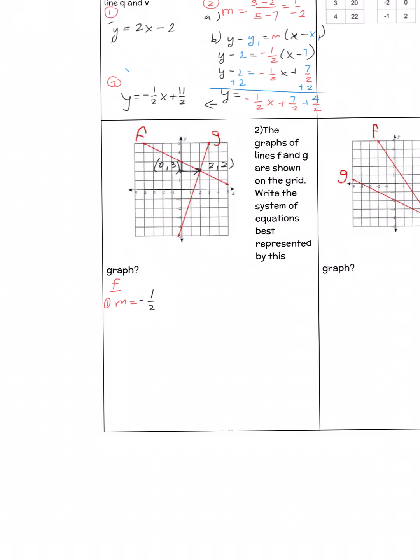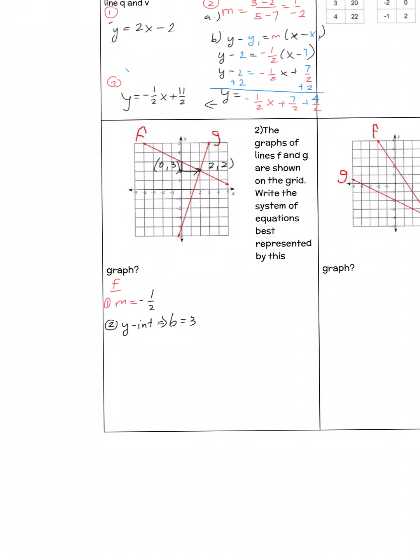Right? I go down 1 over 2. The second part is, since I have a y-intercept, I can identify that as b equal to 3. Right?